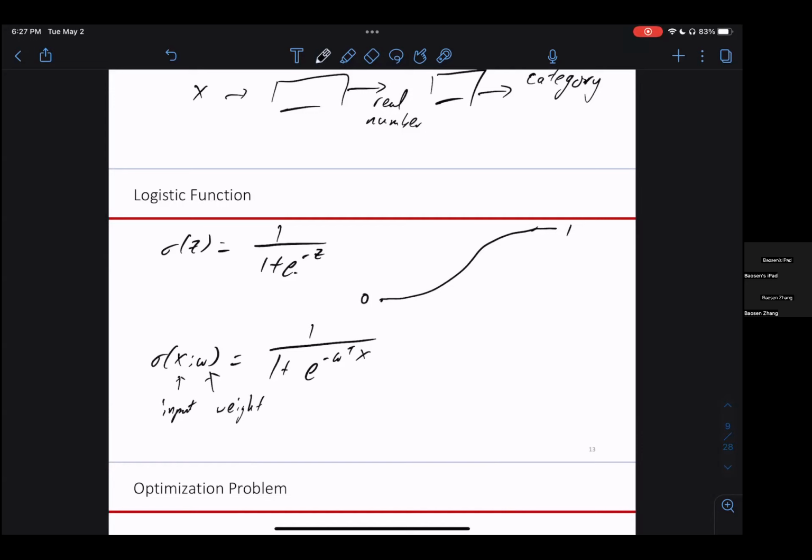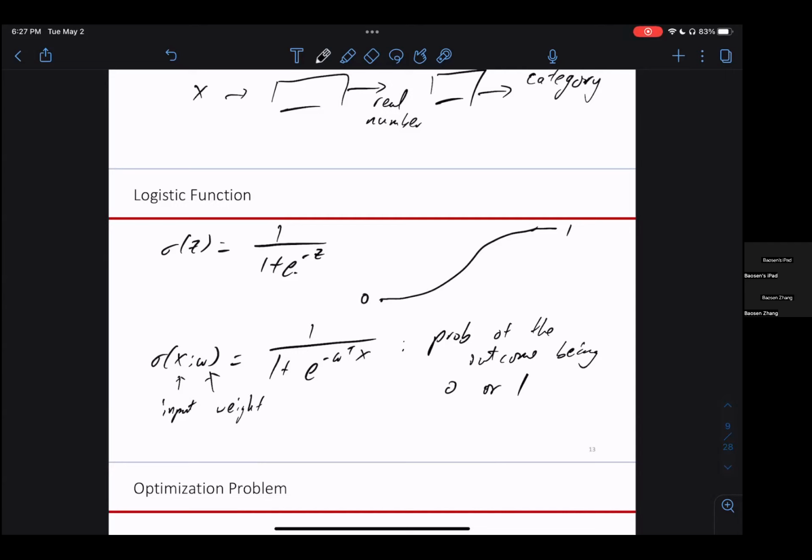And the outcome here you want to interpret as a probability of the outcome being 0 or 1. So basically you take some input, which is a vector of real numbers, and multiply by some weight that you learn.